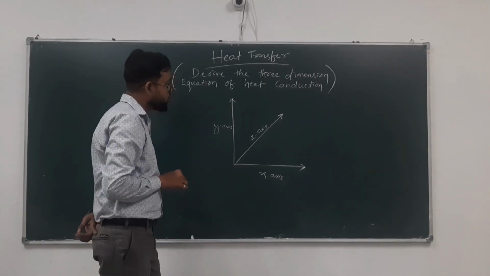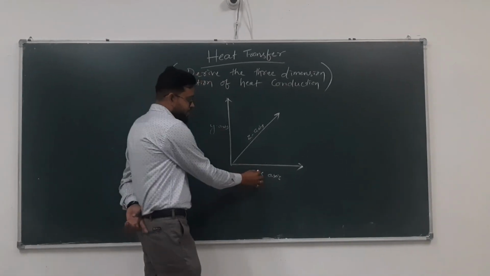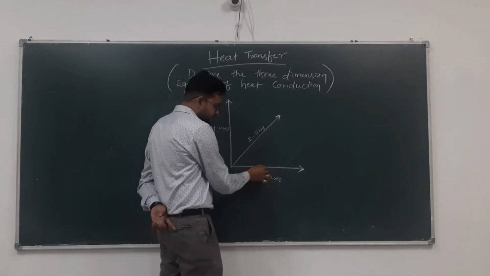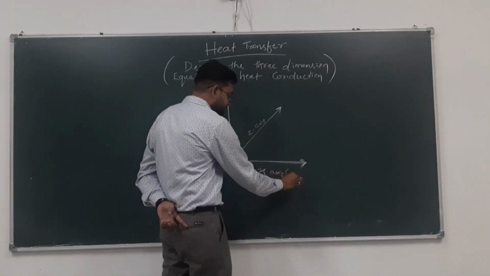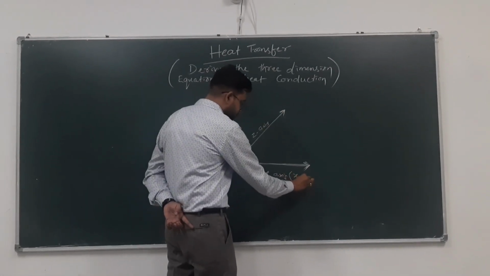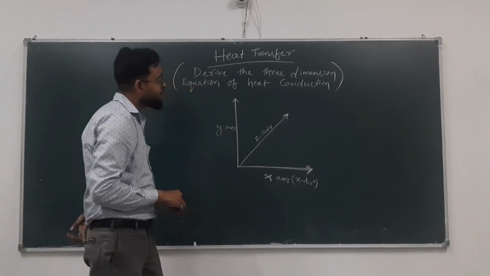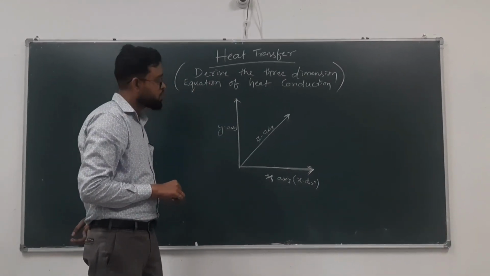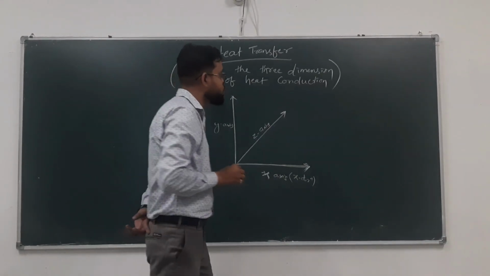So we have to know all the faces. X-axis means this one is the x-axis. This is also called x direction. In 3D surface, we have to keep in memory two things.